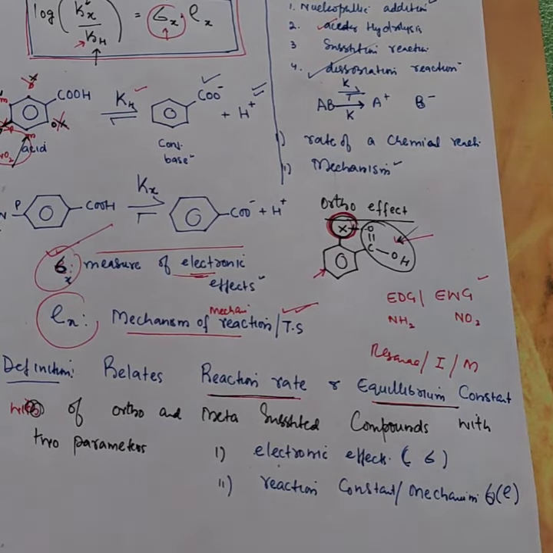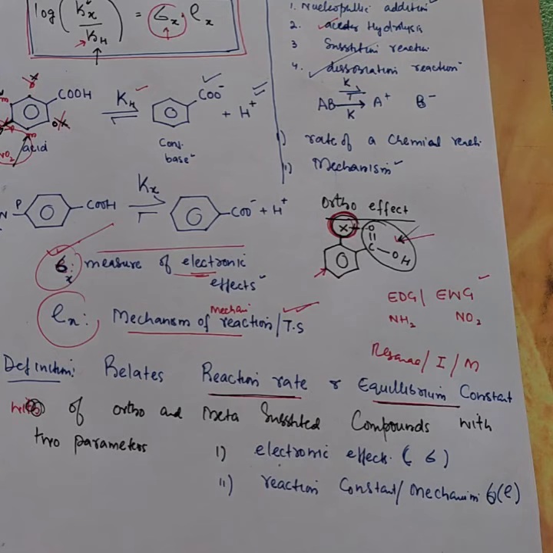So it relates the rate of the reaction or the equilibrium constant in compounds which are ortho and meta substituted. Now this is very important because substituent is very important as far as the Hammett equation is concerned. Those substituted compounds, it relates them with the electronic effects and with the mechanism. Means in a nutshell, what is the output of this whole Hammett equation? What actually does it want to tell us? What is the application of this Hammett equation?